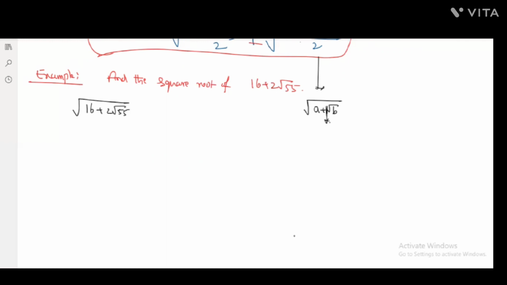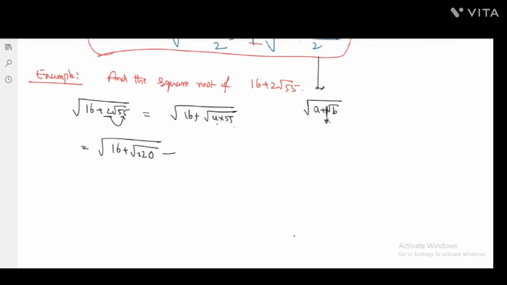So for that, what I will do is, root over 16 plus this 2 I will send inside the square root. Then it will become 2 square, that is 4 into 55. That will become 16 plus root over 4 into 55, that is 220.